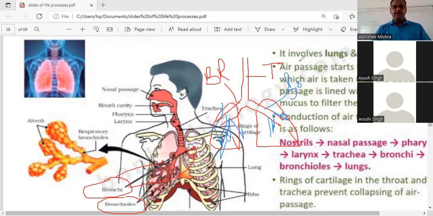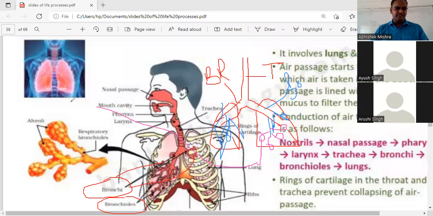Is it clear to all how the division is made? Now see, students, the next part where I will give more clarity. This blue color bronchiole terminates into a balloon-like structure, and this balloon-like structure is called alveoli.